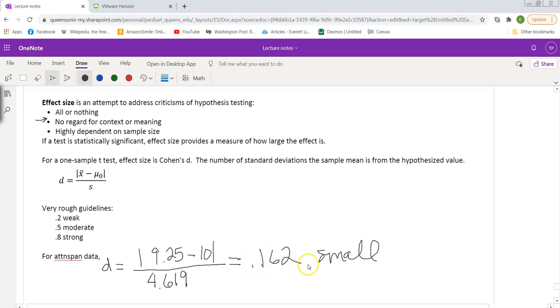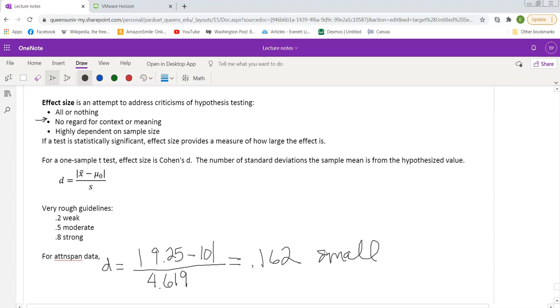But according to this, it's not by much. On the other hand, if we had gotten a Cohen's d of 1.162, we could have said that the population mean is less than 10 hours per week, and it looks like it's below by a whole lot. So that's what that's good for.